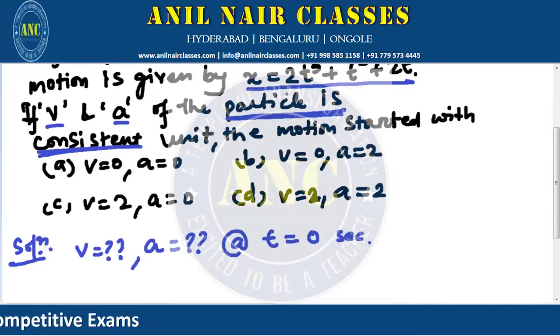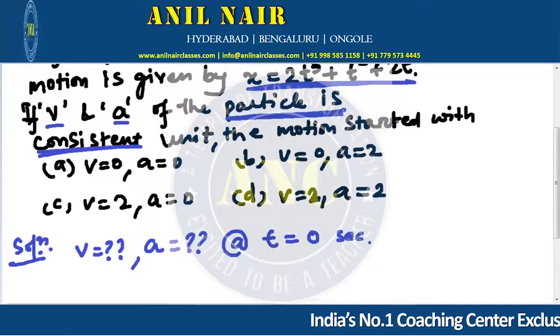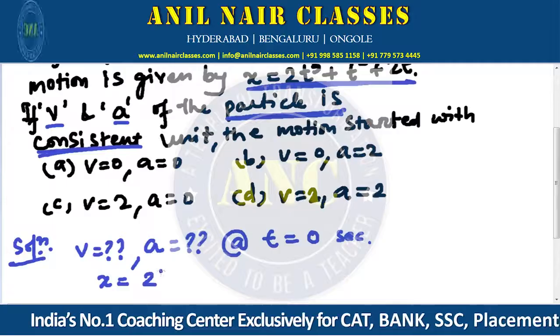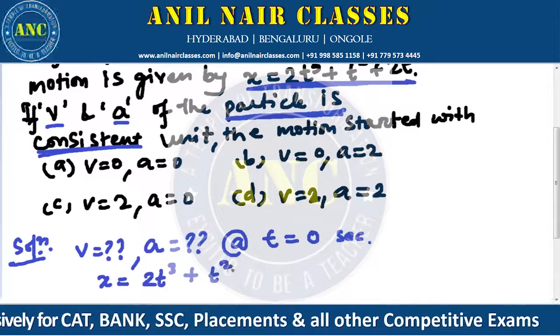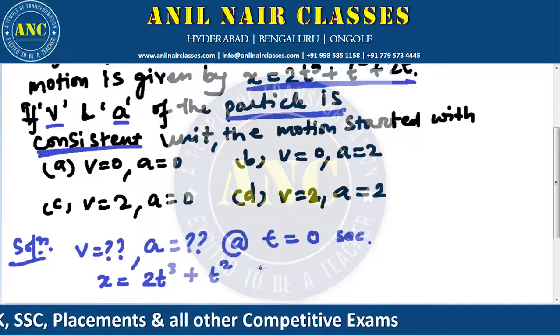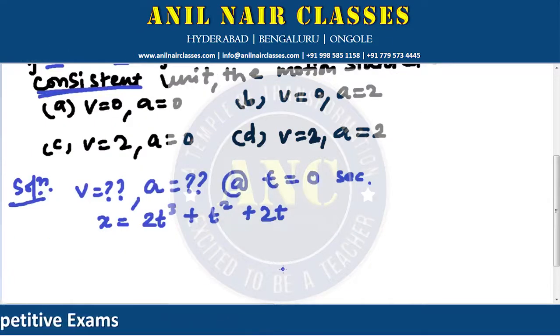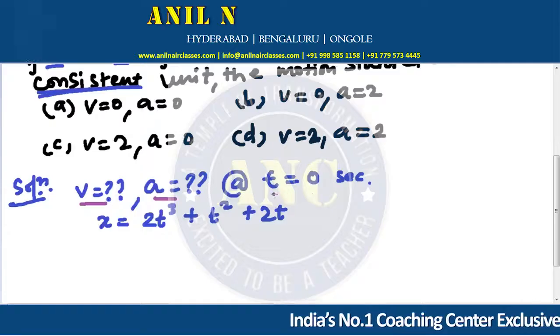So what can we write here? We have the value of x, correct? That is, x is given as 2t cube plus t square plus 2t, right? We know the value of x. We have to find v and a at t is equal to 0.